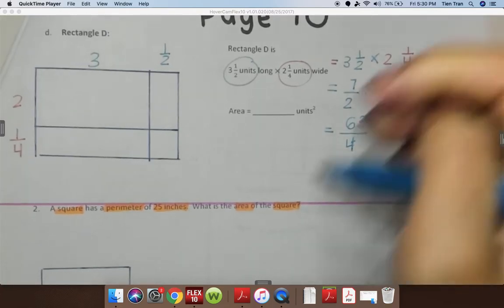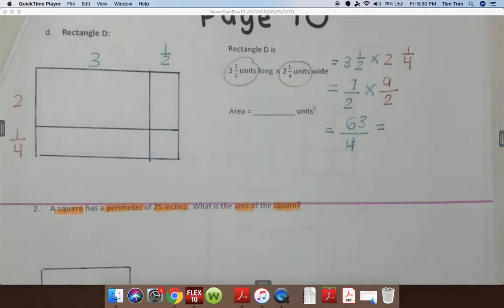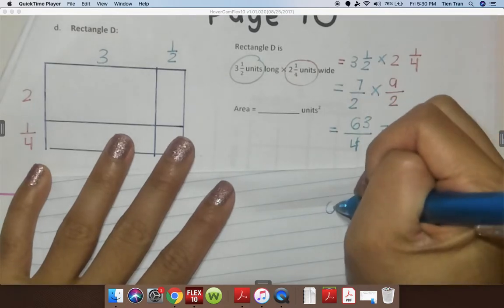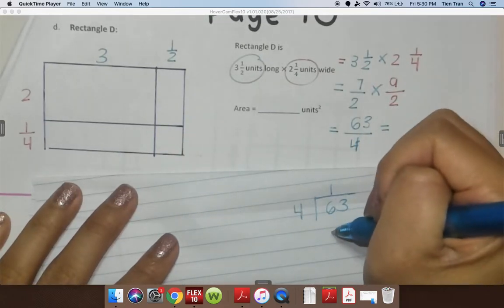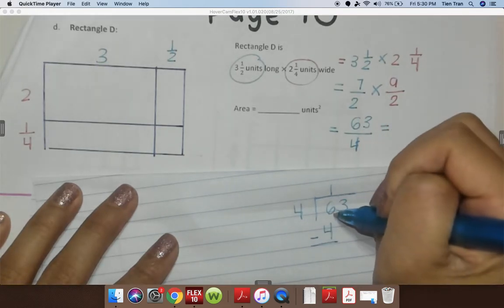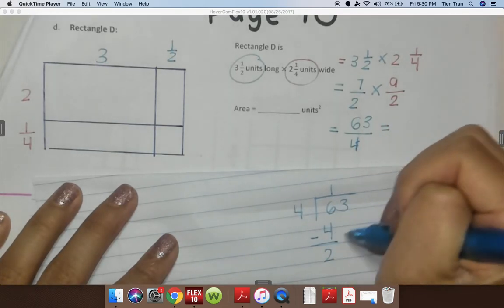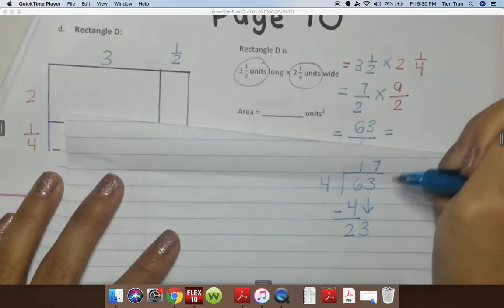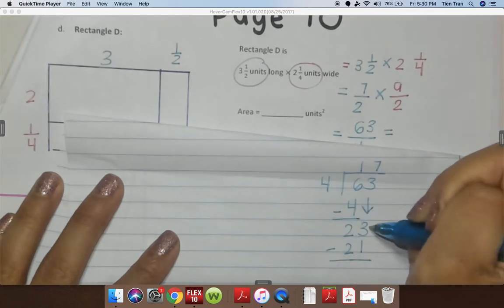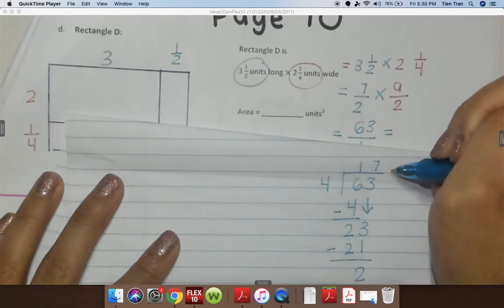Okay, so I'm going to divide right now 63 divided by 4. 4 goes into 6 one time. I subtract. 6 minus 4 is equal to 2. Bring down my 3. I know that 4 times 7 is equal to 21. Subtract. 3 minus 1 is equal to 2.